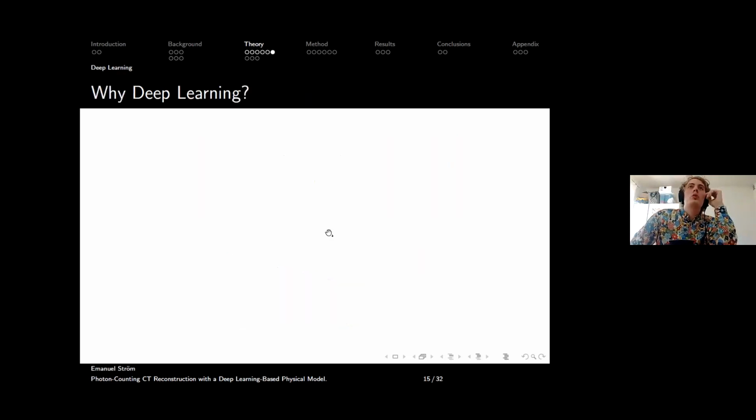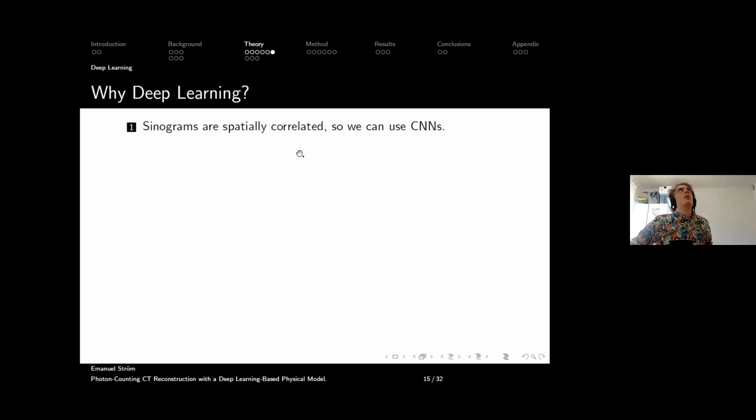Okay, so I think a natural question here is, why do we use deep learning for this at all? I'm going to try to answer that question, but there are a lot of different ways to answer it. So for one, as I said, the sinograms that we try to model are spatially correlated.